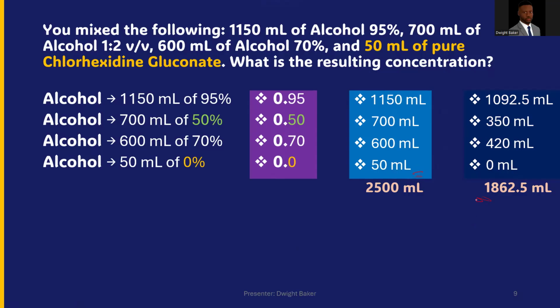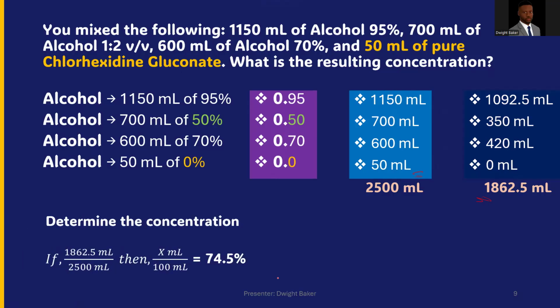Now, in terms of concentration, we have two bits of information here that we can go off. All right. So we know that the pure alcohol in the mixture is 1862.5 mils, and the final volume is 2,500 mil. We can simply set up a proportion and determine what the concentration is for the resulting mixture.